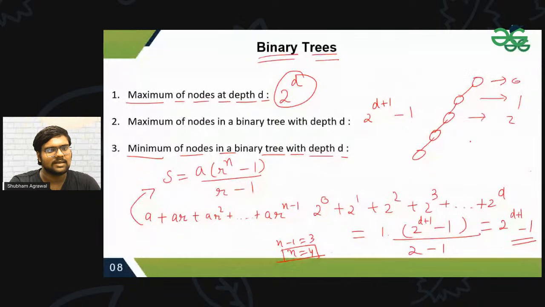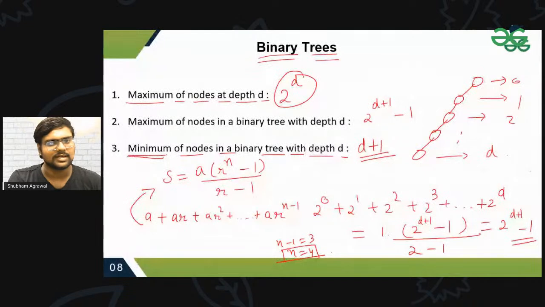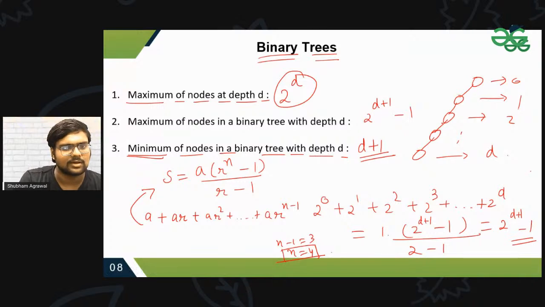Since we have asked for the minimum, we consider only one node, because one node should be present so that it can be considered a level. If there are no nodes, then we will not go down. So if the depth is d, the minimum number of nodes is d plus 1.